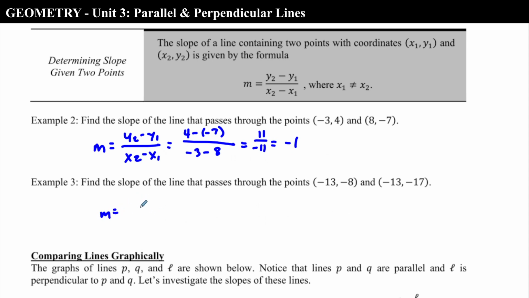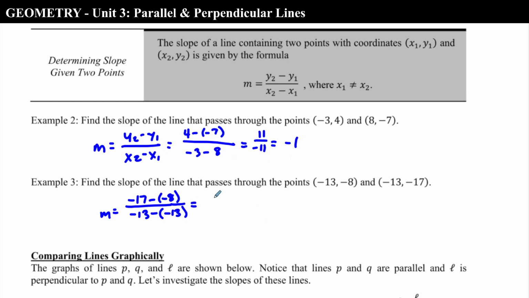For this other example, we can do -17. Let's reverse it. Let's make these 2's and these 1's. So you have -17 minus -8 over negative 13 minus negative 13.